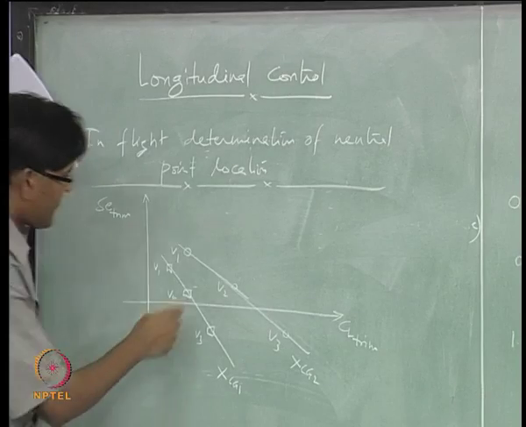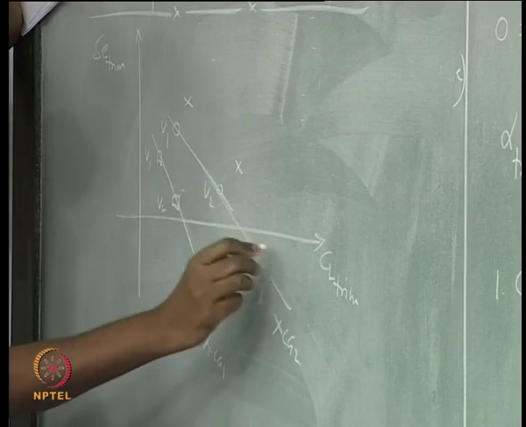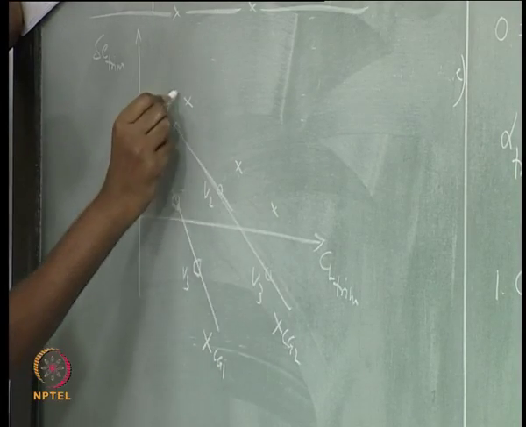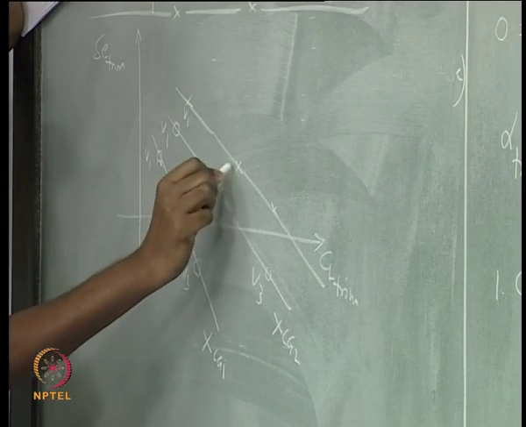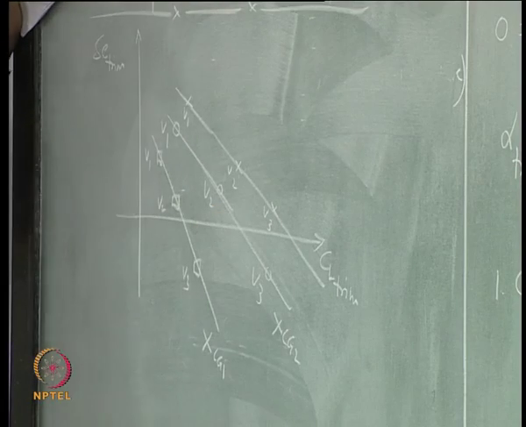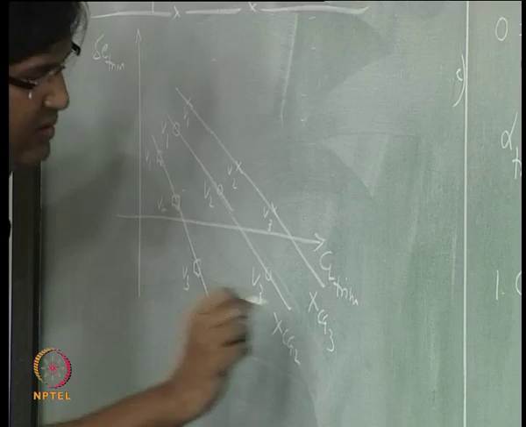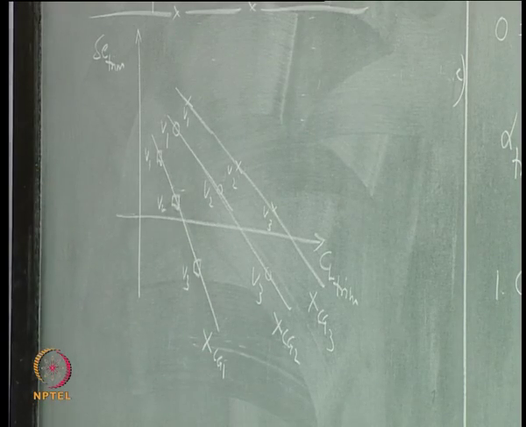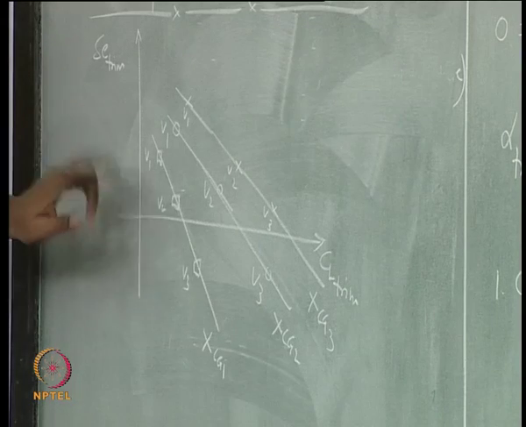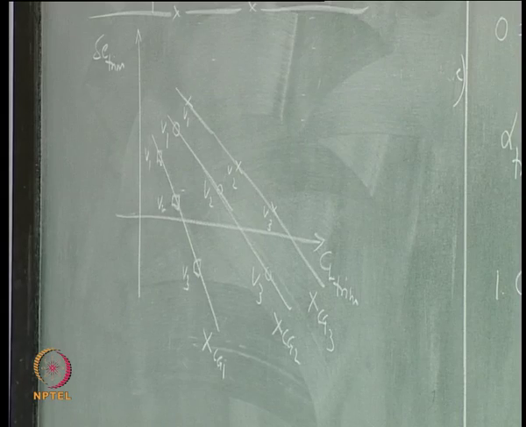Another CG location, and then you get this. So, for 3 different CG locations I have flown 3 different speeds. So, you get corresponding delta E trim and CL trim, right. That is how we have obtained these 3 curves.